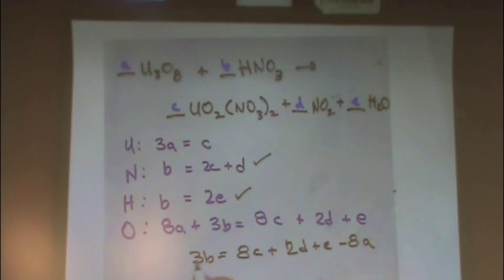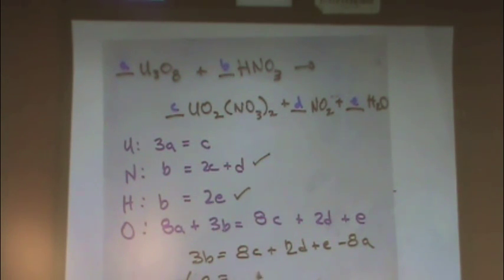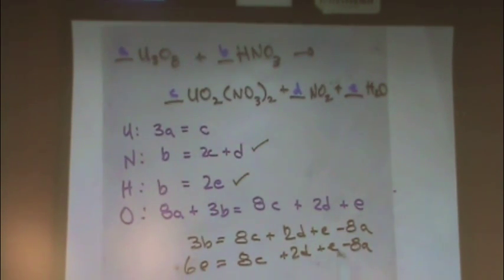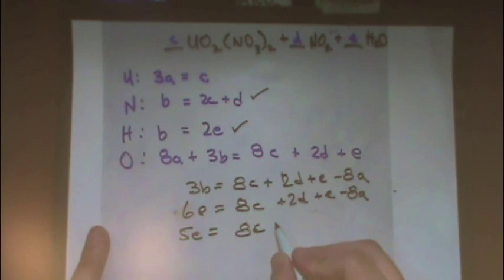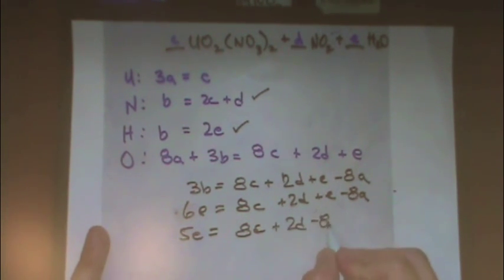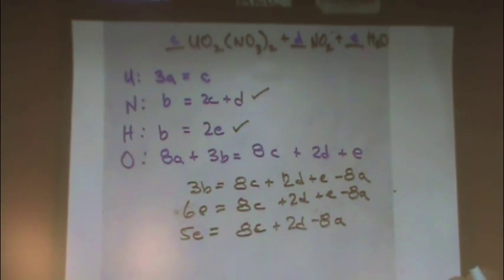If I put E in here, what would it be? Yeah, 6E equals 8C plus 2D plus E minus 8A. So I can move the E over, 5E equals 8C plus 2D minus 8A. Okay, so that's one thing I can do to kind of solve this a little bit.